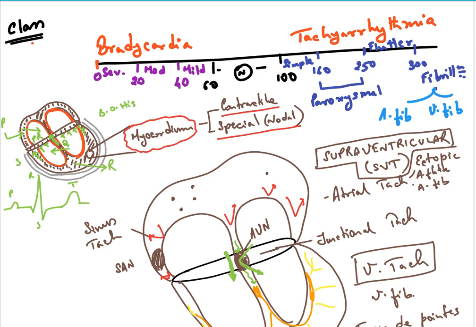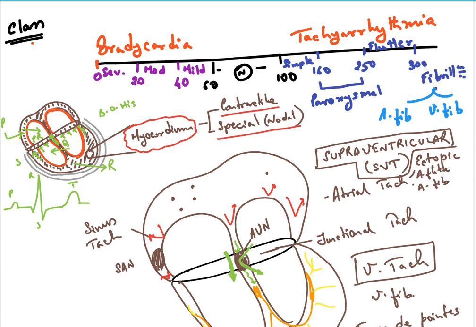So over here, if you look at tachyarrhythmia, as long as it is till 100, that is normal. But if it is more than 100 and up to 160, there is nothing to worry about. Why is there nothing to worry?